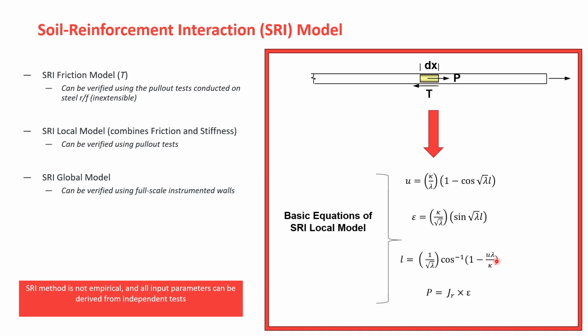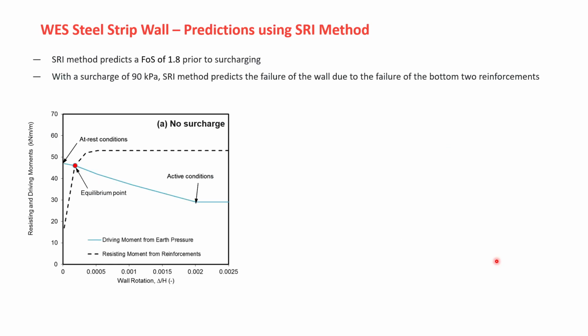They are functions of friction angle, reinforcement stiffness, Poisson's ratio, and those things that we all know. Those are the basic equations, and if somebody is interested, I can even send you a spreadsheet where you can have those equations down, and you can solve the wall.